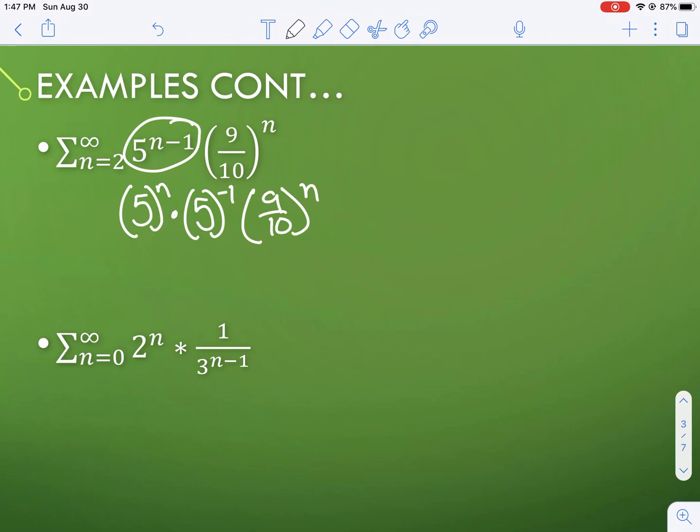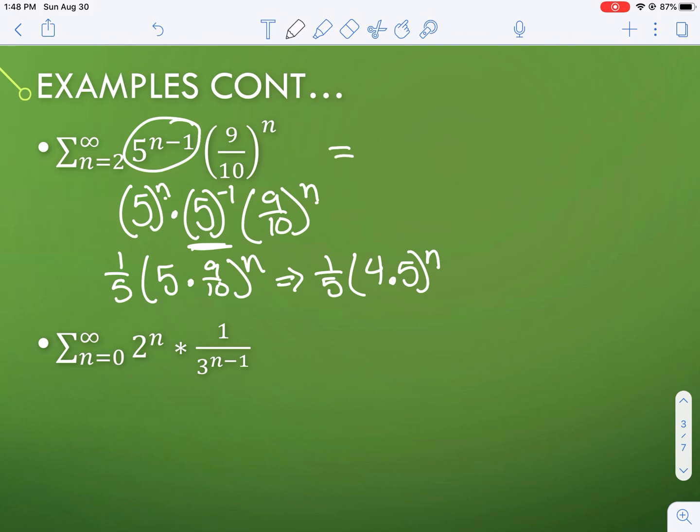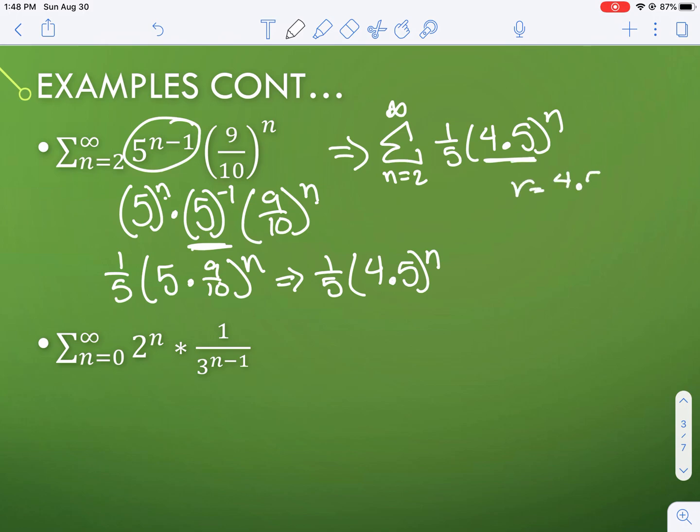Now, 5 to the -1st is 1/5, and since these are both raised to the power of n, I can multiply them to be raised to the power of n. So this gives me 1/5 times 4.5 to the n. So our series looks like so. When we look at it this way, my common ratio is 4.5. The absolute value of 4.5 is greater than 1, so it diverges.